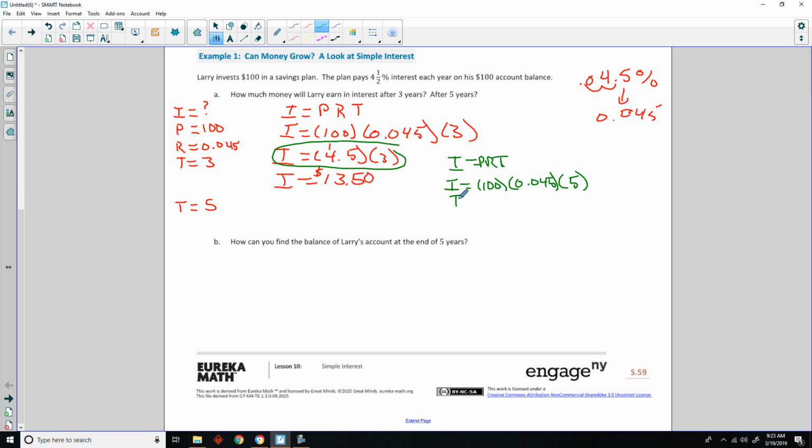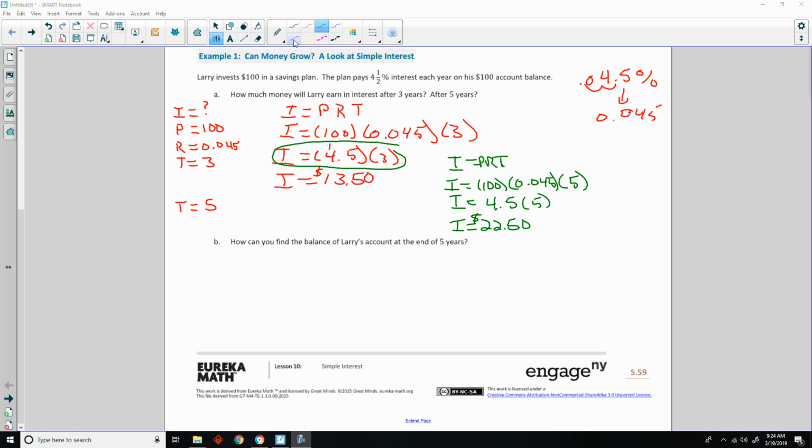So the interest is going to be, move the decimal 2 places, 4.5 times 5. 5 times 5 is 25, carry the 2, 5 times 4 is 20, plus 2 is 22, so $22.50.